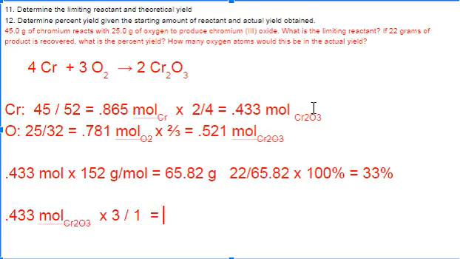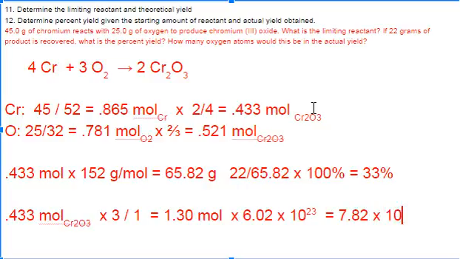So we're actually talking 1.30 moles of oxygen, and 1.3 moles of anything is going to contain 6.02 times 10 to the 23rd atoms per mole. So this comes out as 7.82 times 10 to the 23rd oxygen atoms.